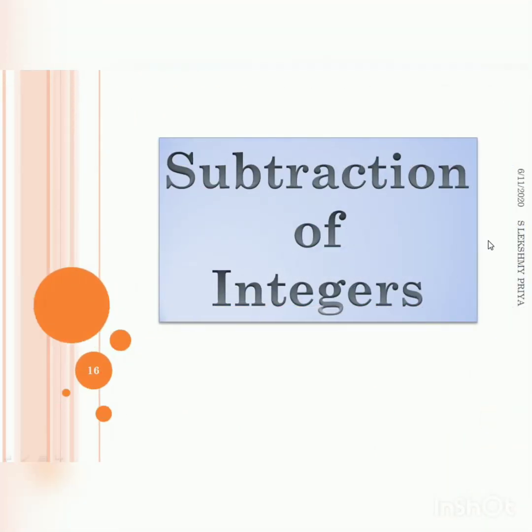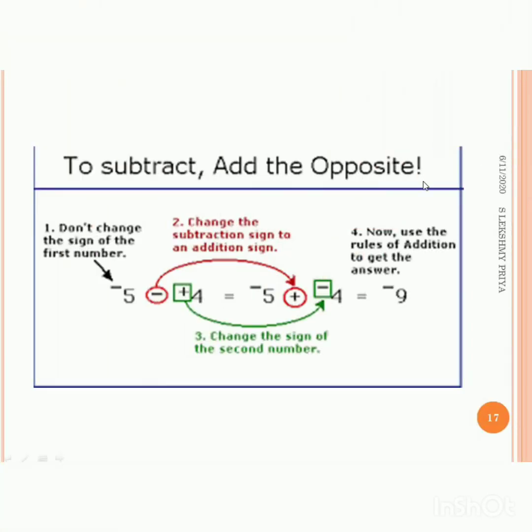Let's learn subtraction of integers. Subtracting one integer from another integer is the same as adding the additive inverse of the second number to the first number. Let's see one example. Here we are going to subtract the integer 4 from negative 5. It is negative 5 minus 4.